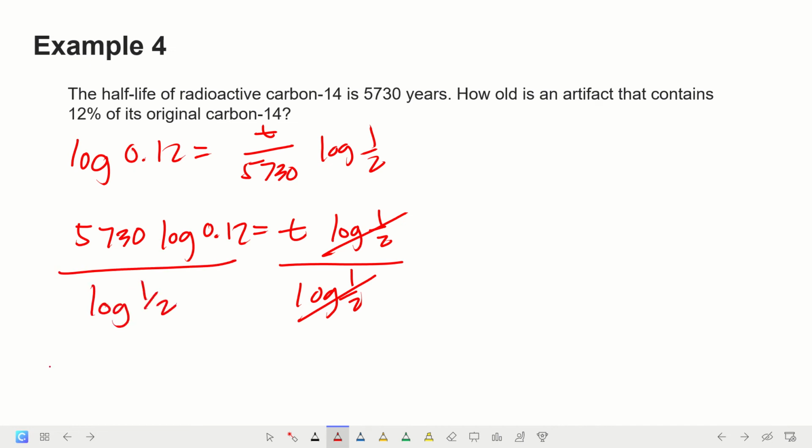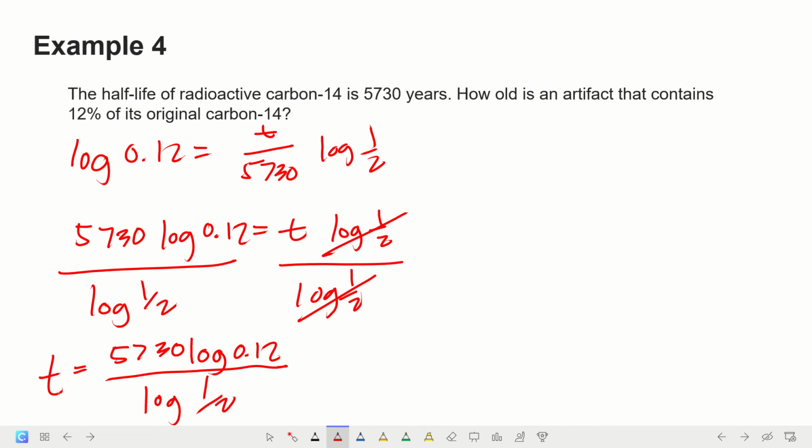So, therefore, t is equal to 5,730 times the logarithm of 0.12 divided by the logarithm of 1 half. So, this is the model to solve for t. You can now plug this in your calculator to solve for the value of t.